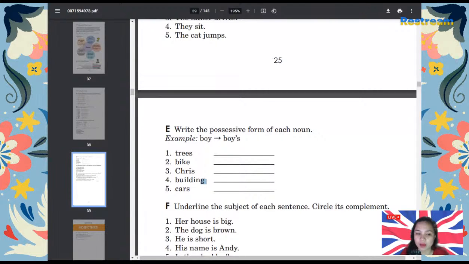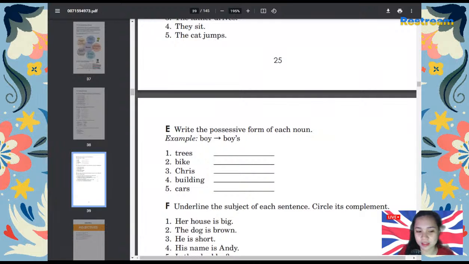It's not the same as trees and Chris, right? So it's all different. Yes, that one, Dhruv. You're correct.